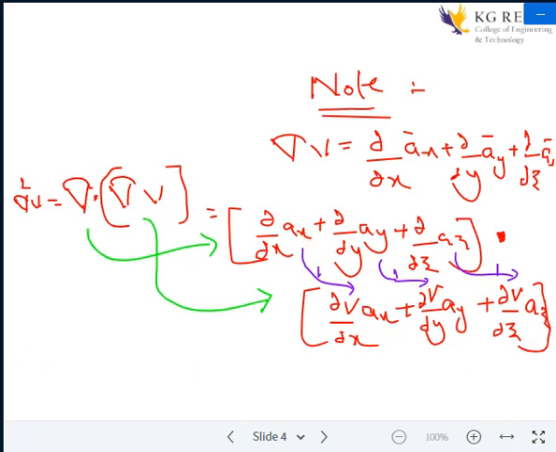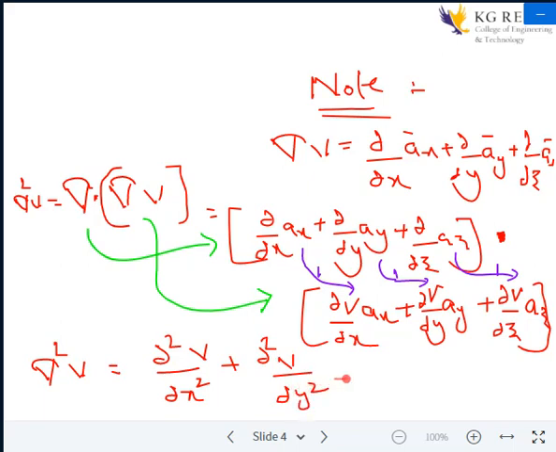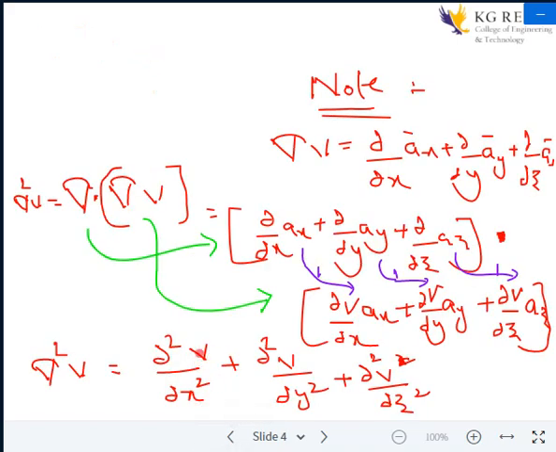Finally, del square v can be written as ∂/∂x into ∂/∂x into v, so ∂²/∂x² of v, because v is a scalar and remains as it is, plus ∂²v/∂y² plus ∂²v/∂z². That is del square v.